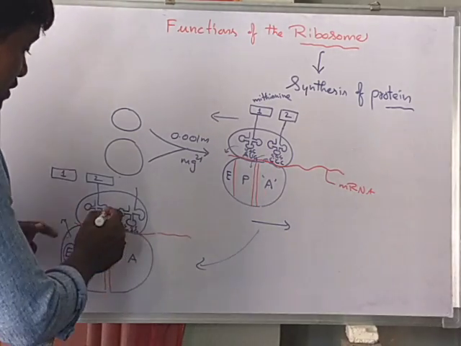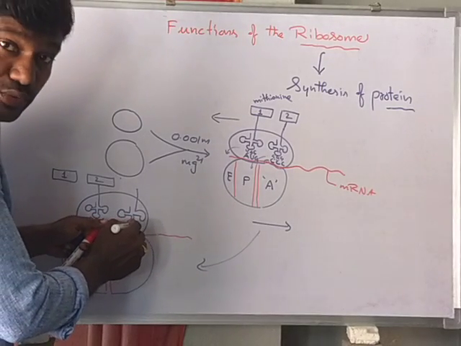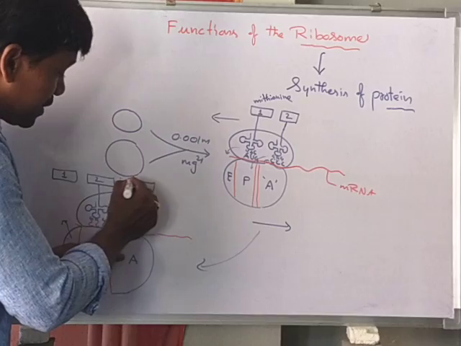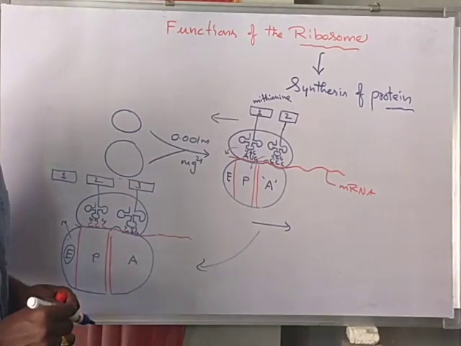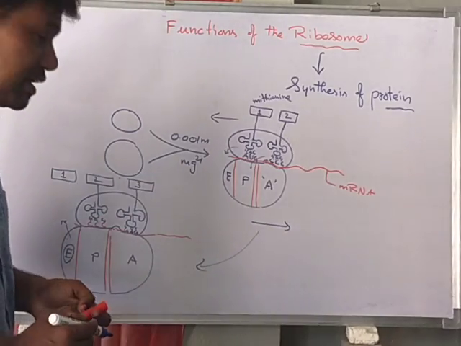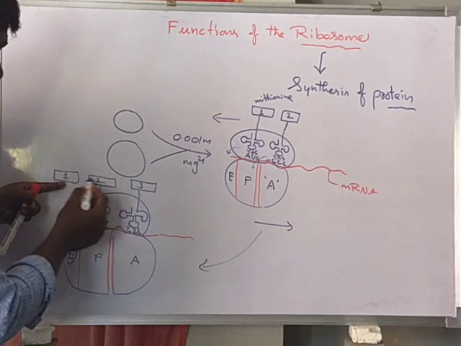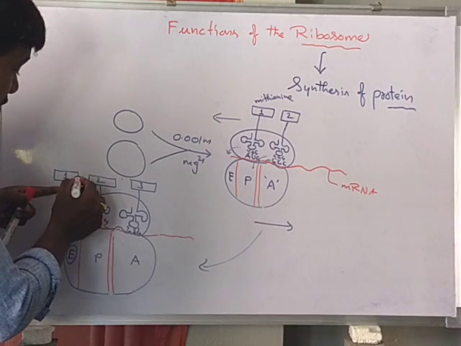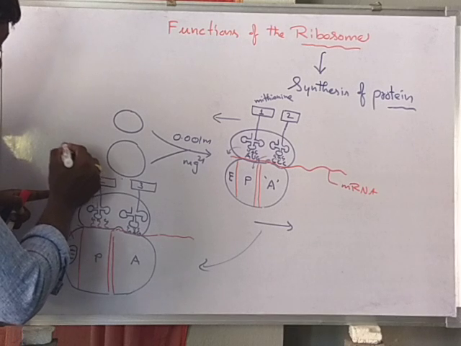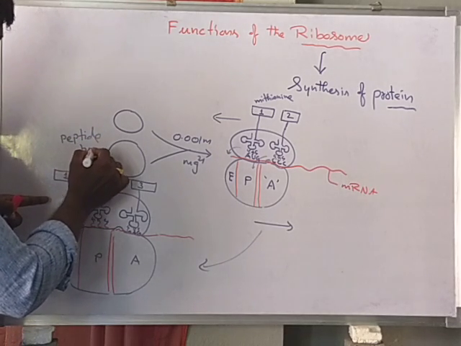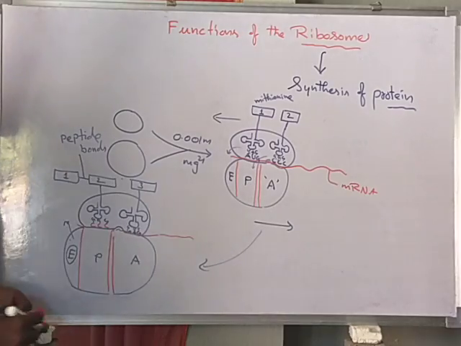Now the third tRNA, the new tRNA, will join the A site and form a third amino acid. Here the first and second amino acids will be joined with peptide bonds.